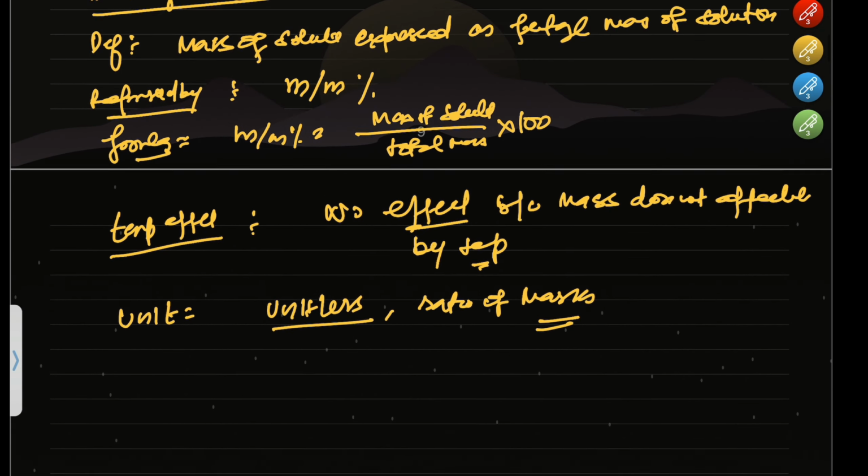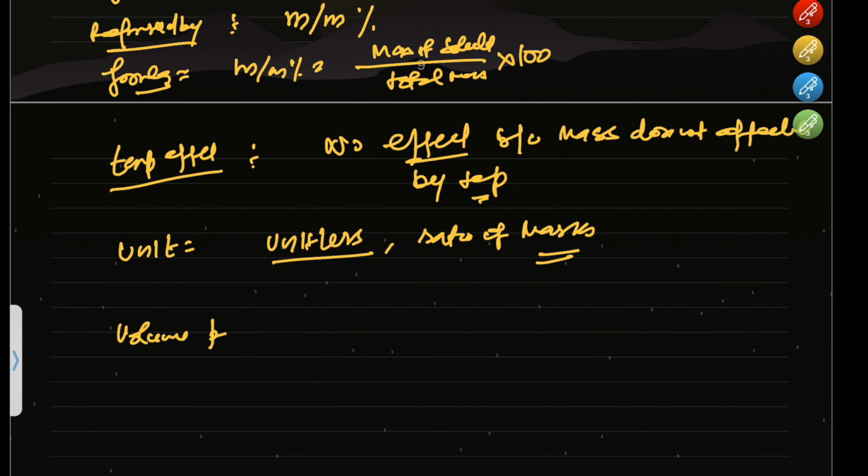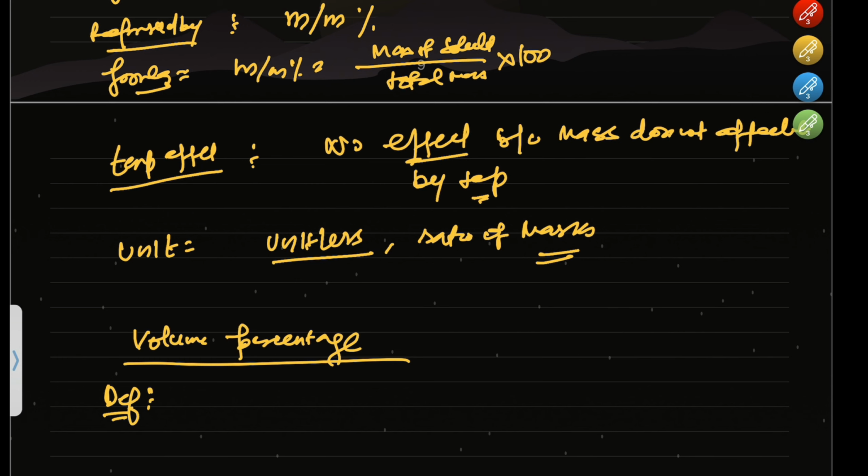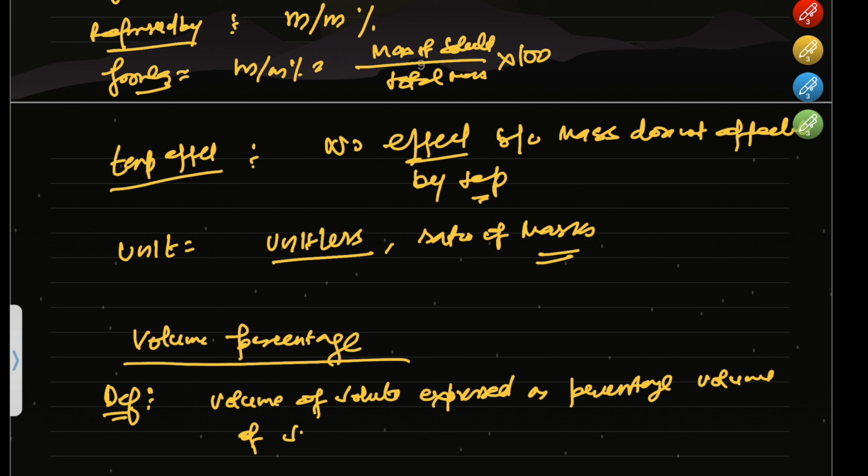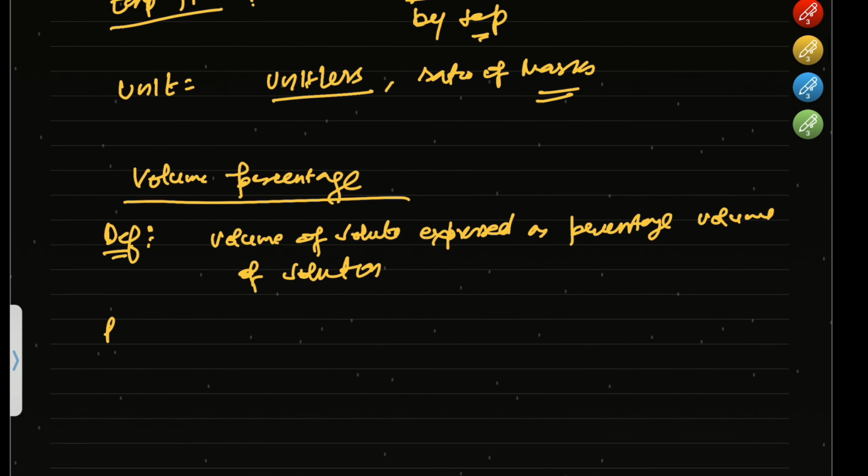Next one, volume percentage. Definition: volume of solute expressed as a percentage of volume of solution, represented by V by V percent.